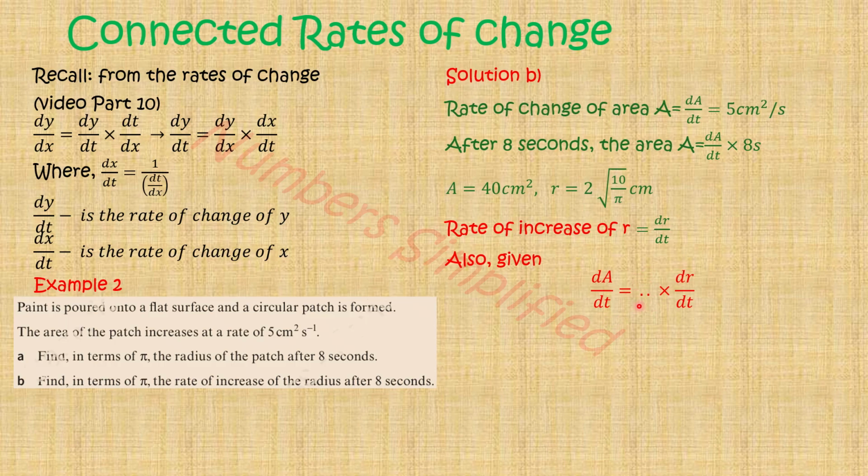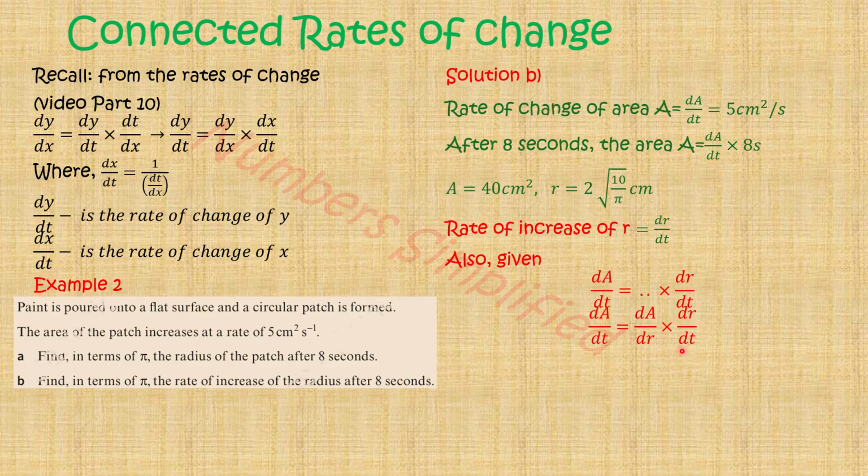Take note, we need something that would cancel out with the dr. That would be in the denominator. So the something we're looking for should have a dr in the denominator, and at the top, we must have a dA. That is how this becomes dA/dt. So that missing part would be dA/dr. As we can see, the dr's can cancel out so that we are left with dA/dt, which is what we have on the left-hand side.